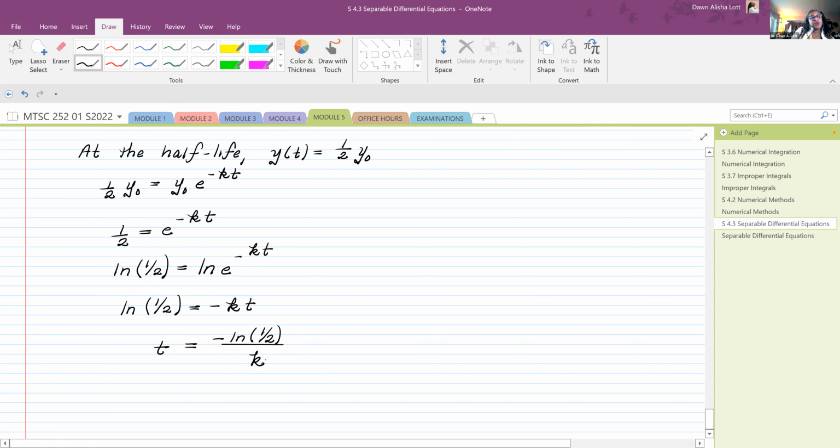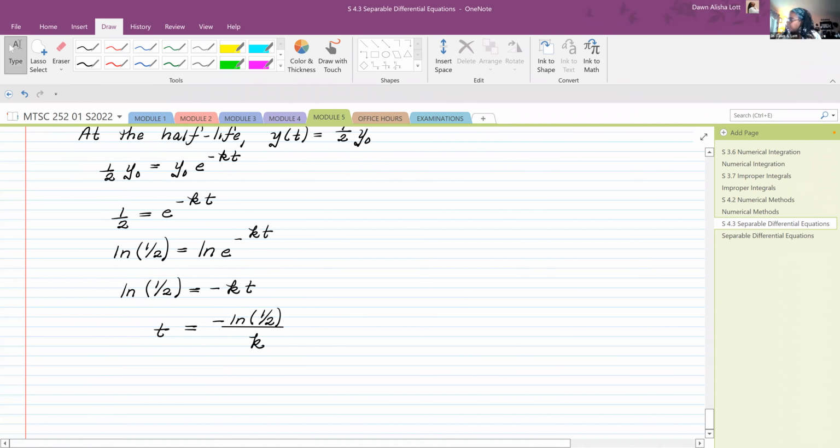And I'm going to leave it to you to figure this out by the log properties. This becomes the natural log of 2 over k. Okay. So that's the half-life. And we will pick up here on Monday.